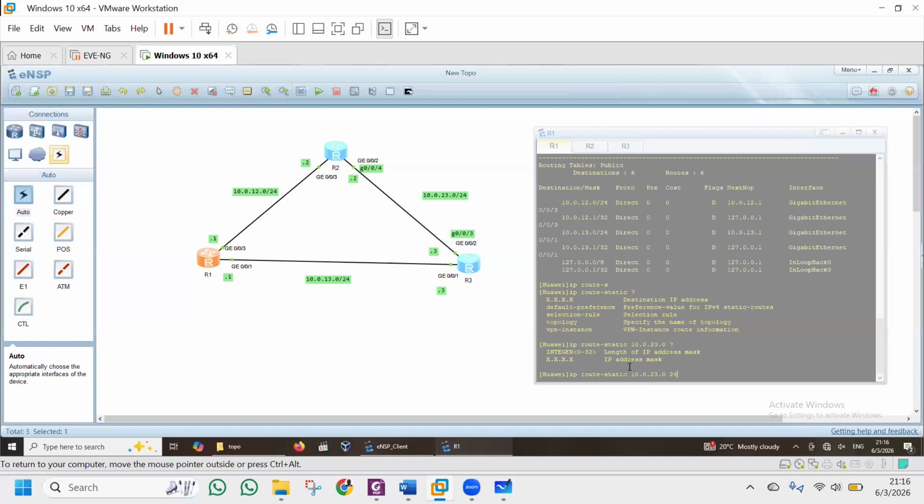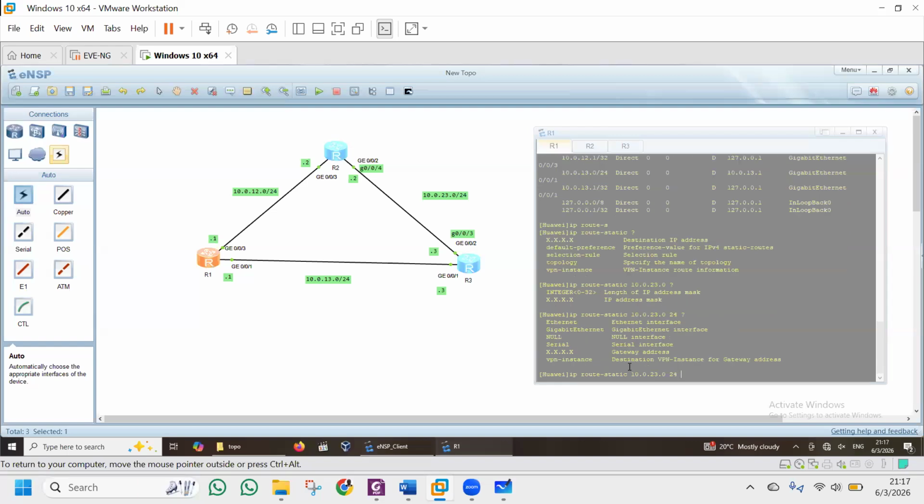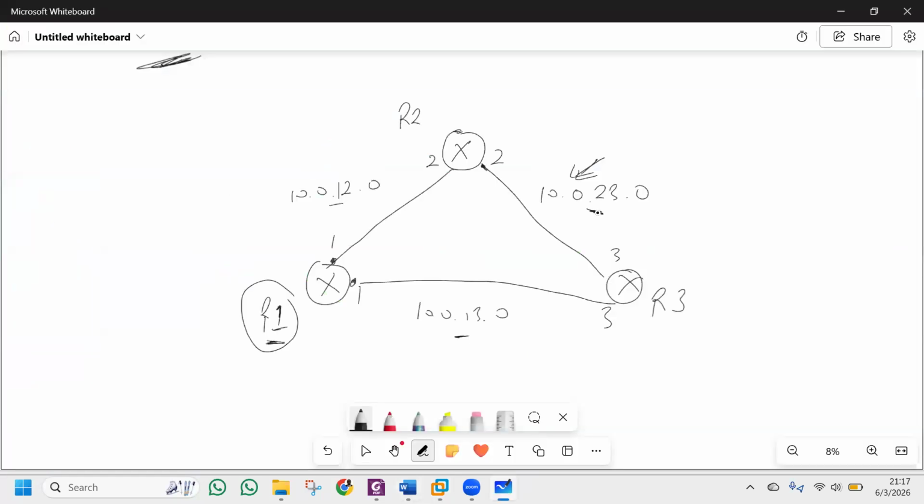Then we have the exit interface. So here you can either put the exit interface or what we call the next hop IP. Not sure how Huawei calls that, but you can put the exit interface. So when we talk of putting the exit interface, you are saying, if I want to get to this network from this router, I go via this interface.